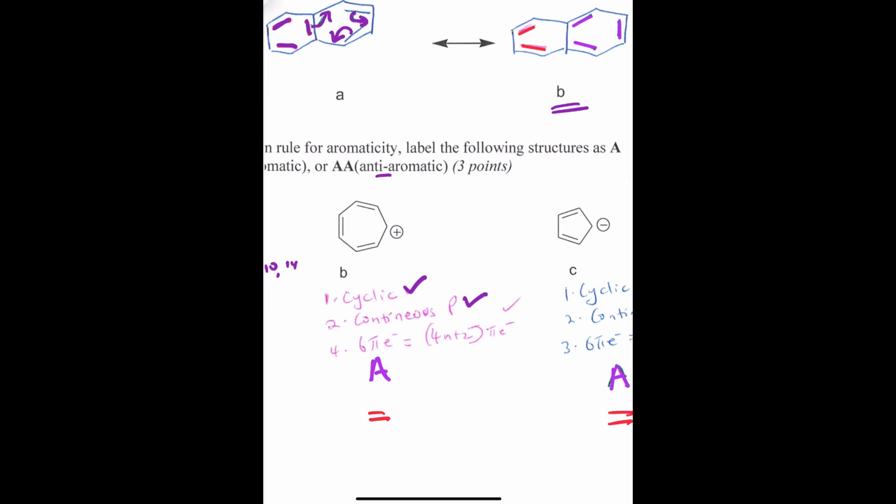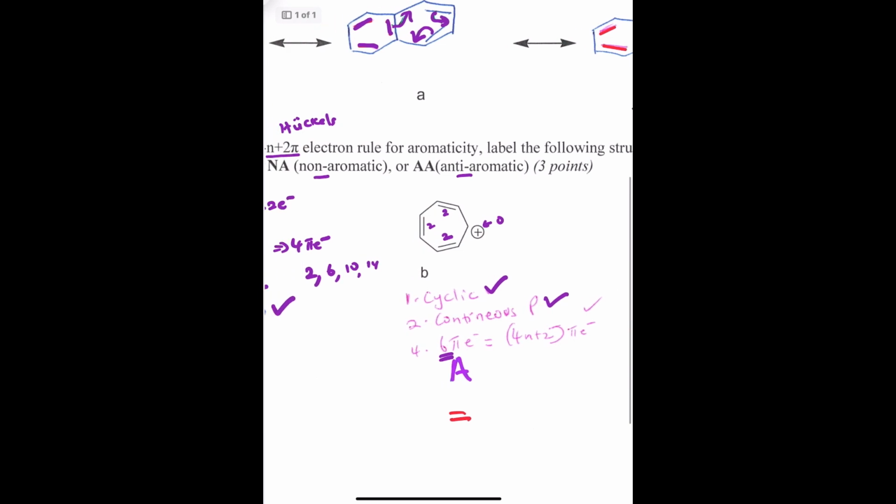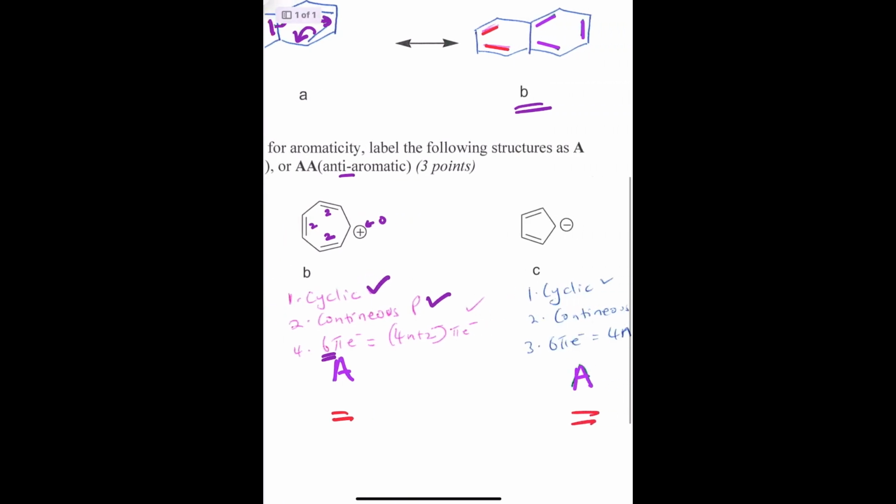And then how many electrons in the ring? The positive charge has no electrons, and then each double bond is 2, 2, and 2, giving you a total of 6 pi electrons. And we saw that for aromaticity, we need 2, 6, 10, or 14. Therefore, because we have 6, it satisfies Huckel's rule, and this compound is aromatic.